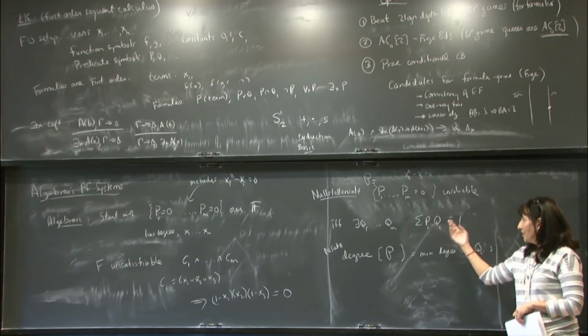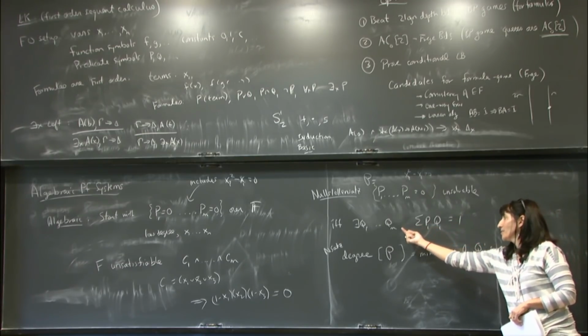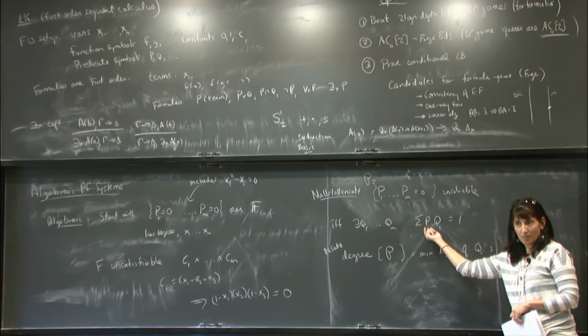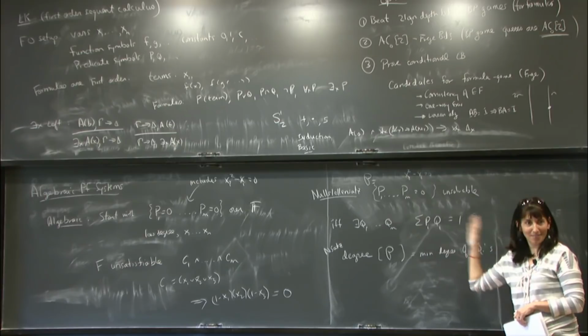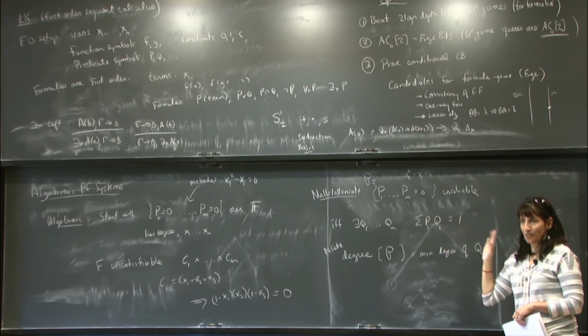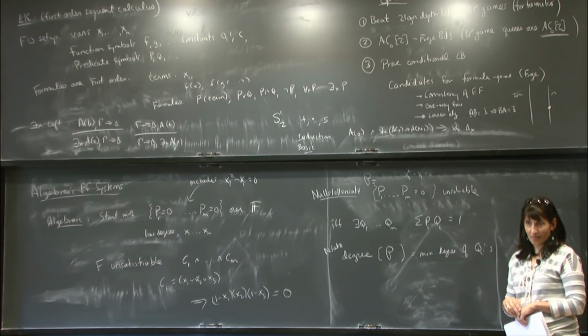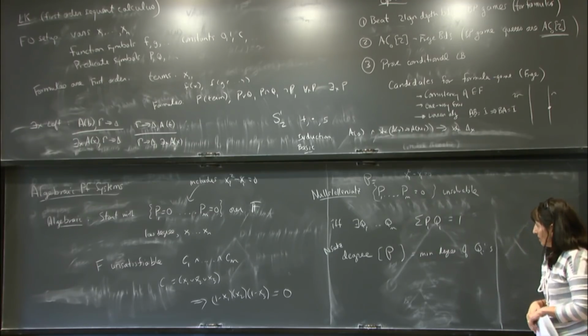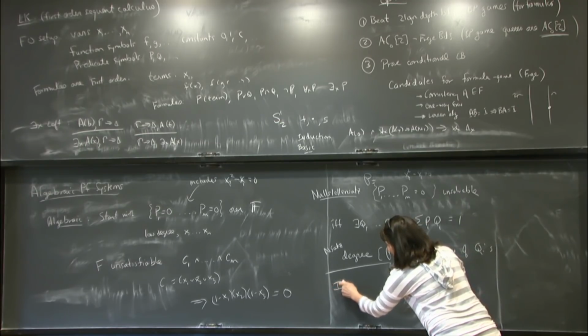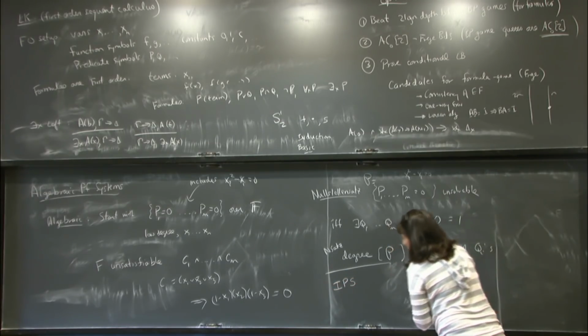Okay, so I think of this as one particular way to view one as being in the ideal generated by these P's, where I just write all the Q's out in long form. Okay. So another way I could do it, which has a new name, called IPS, for ideal proof system.